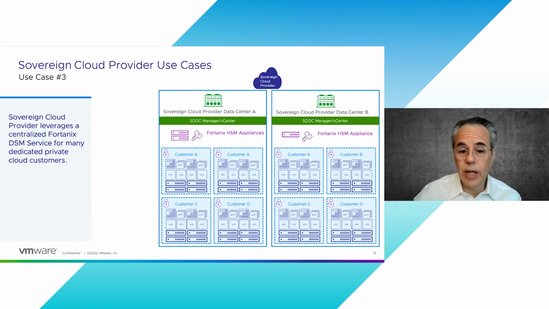Absolutely not. So to just illustrate that a little further, as Corey was noting there, each of those blue boxes represent a different customer that has been provisioned within a given VMware cloud provider sovereign boundary, right? But in this case, the provider is actually offering the Fortanix service as a shared service across customer accounts, but redundant across data center installations.